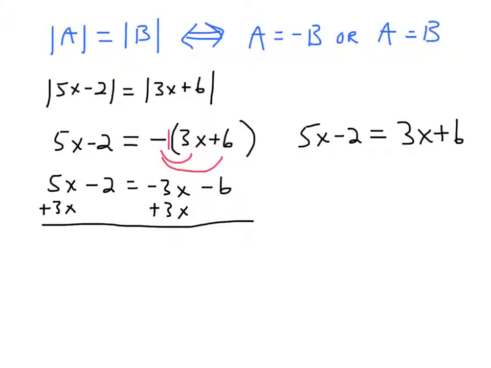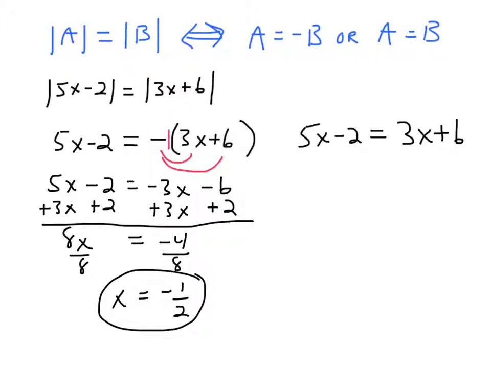And you'd also have to add 2 to both sides, which you could do in the same step. That would give you 8x equals -4, and then divide by 8 and reduce, so x equals -1/2. And that'd be one solution.